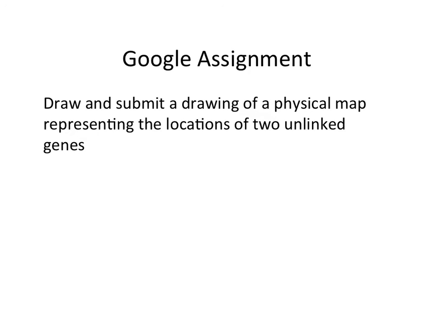If I've got internet access, I'd like you to very quickly do this. Draw me a picture of a physical map, that is, if you were looking at physical chromosomes, not genetic representations of chromosomes, draw me something that represents two chromosomes with two unlinked genes.